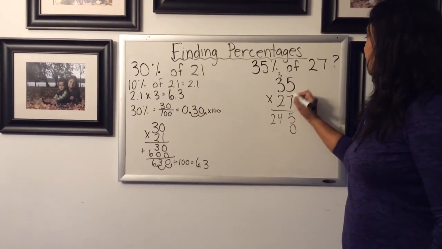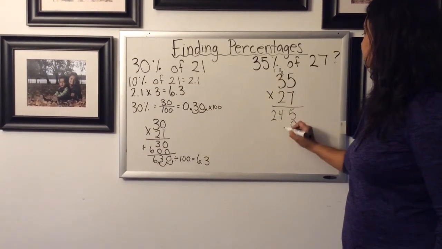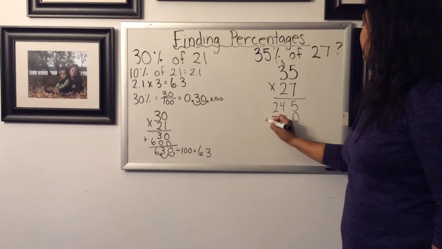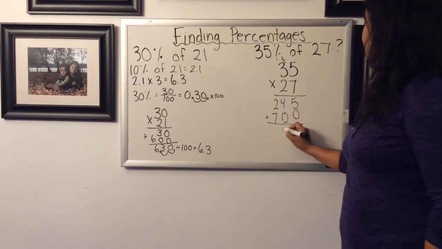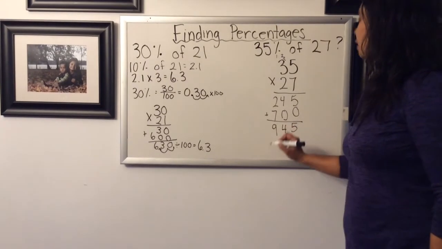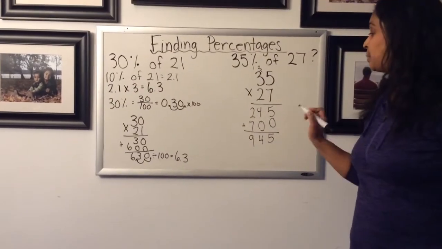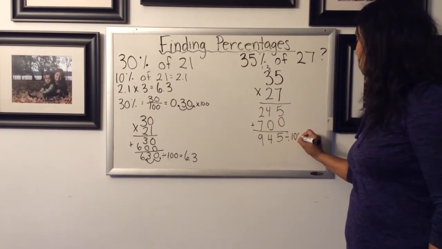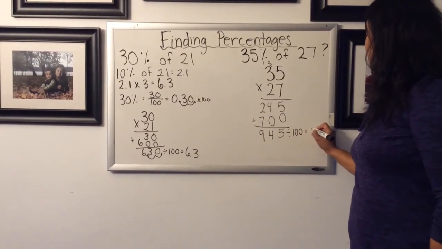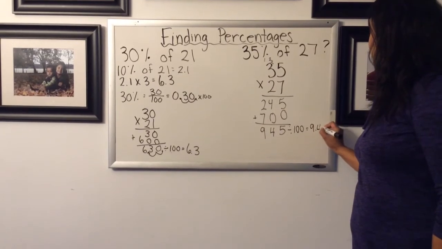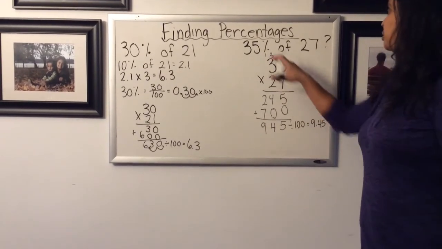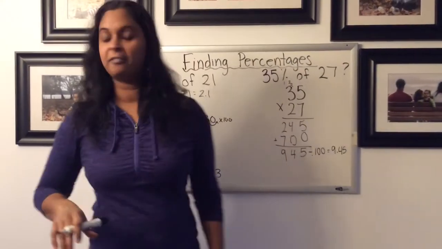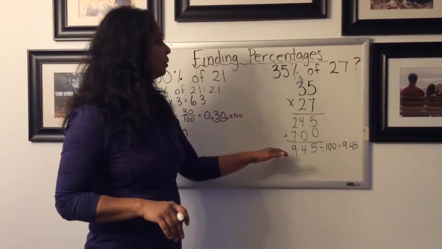Placeholder. 5 times 2 is 10. 3 times 2 is 6, plus 1 more is 7. We're adding that up. Okay, no problem. And then do not forget this important part at the end where we have to divide that answer by 100. So you would get 9.45. So 35% of 27 is 9.45. And that example is also in your book.